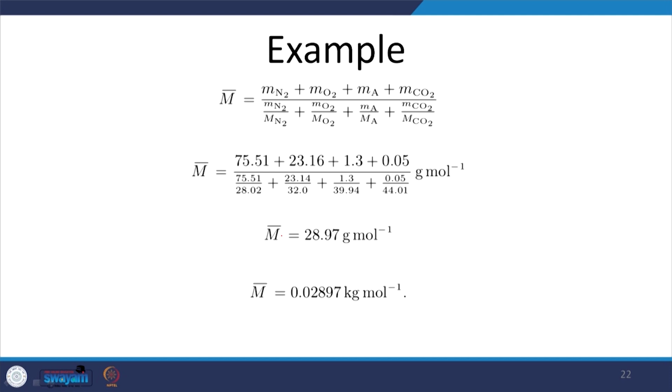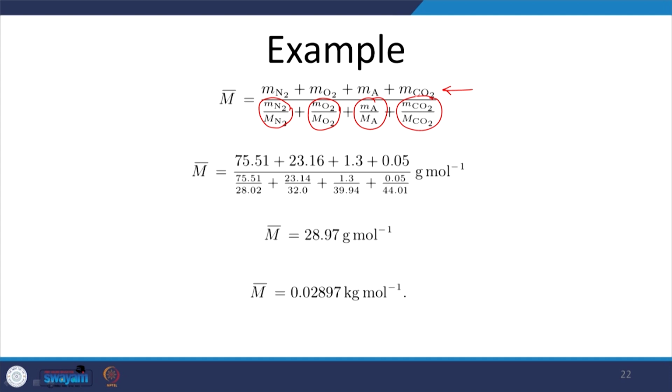According to the formula, the mean molecular weight is defined as the total mass divided by the total number of moles. Mass divided by molecular weight is the number of moles. You take grams, let us say. This is for argon, for CO2 and so on.